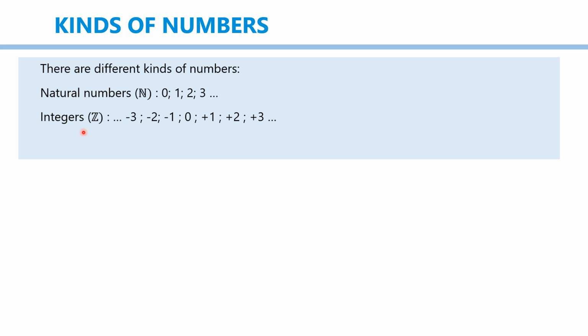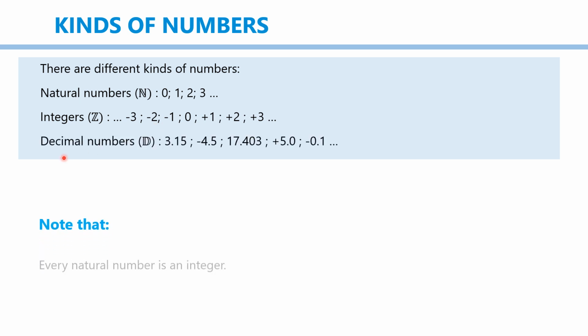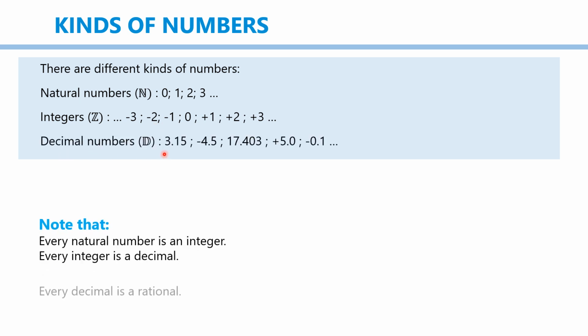Integers are the positive and negative numbers. Decimal numbers are numbers that have a decimal point, but pay attention, decimal numbers must be limited. The decimal part should be limited.